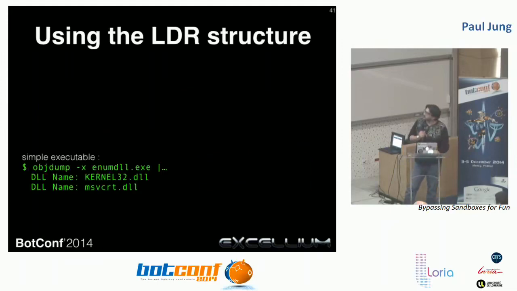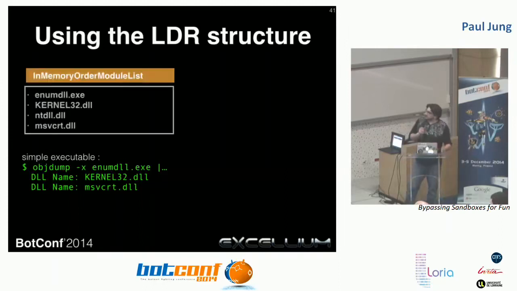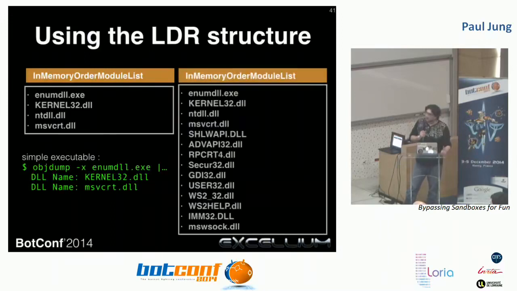If I have a little program that needs only kernel32 and msvcrt, I will of course have NTDLL loaded. If I take a look at the in-memory order module list when it runs, I have 3 DLLs on my executable. If I run in a sandbox, for example Cuckoo, I have all the DLLs loaded, because if it's hooked, it needs to be loaded.